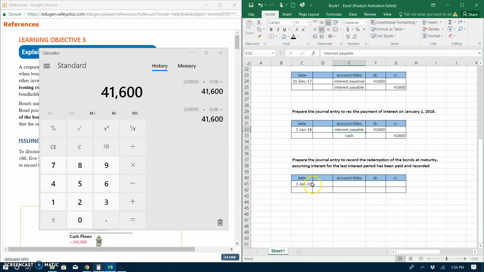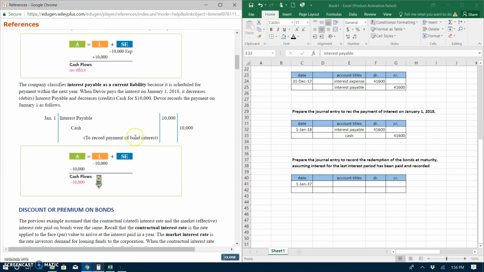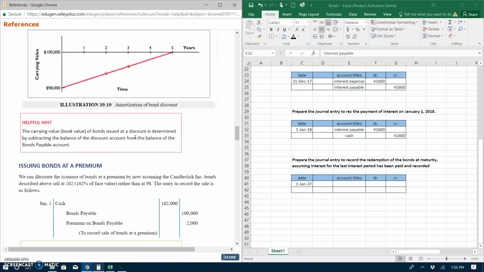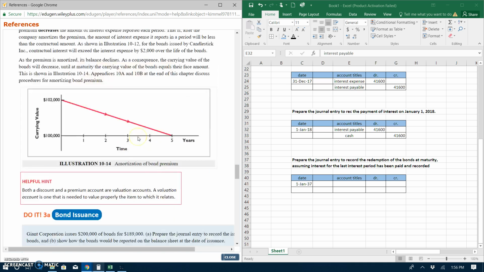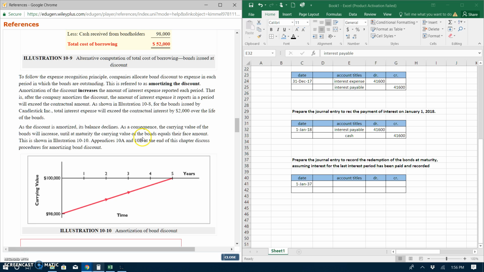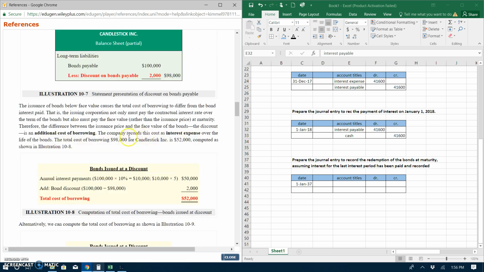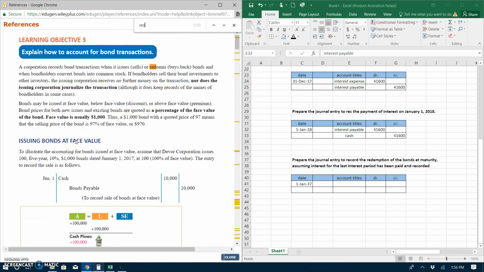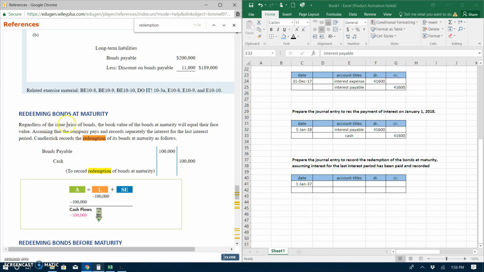Now prepare the journal entry to record the redemption of the bonds at maturity, assuming interest for the last interest period has been paid and recorded. So if we look at our reference, if we go to the redemption, what it ends up telling us is, upon redemption, regardless of the issue price of bonds, the book value of the bond at maturity will equal their face value.